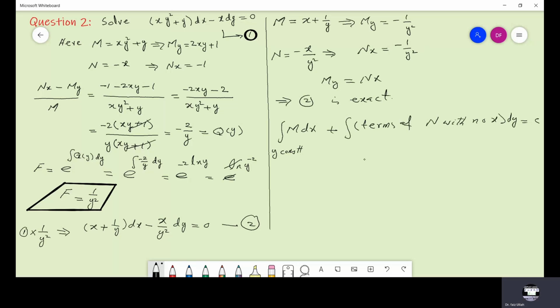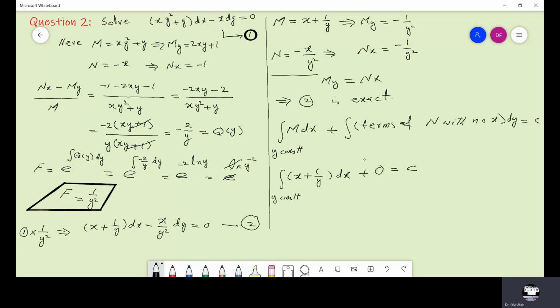Let us put values. So the value of m is x plus 1 over y, dx, keeping y constant, plus those terms of n which are free from x. There is no term of n which is free from x. So this is 0, is equal to c.